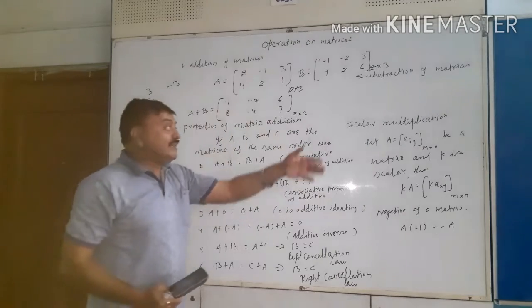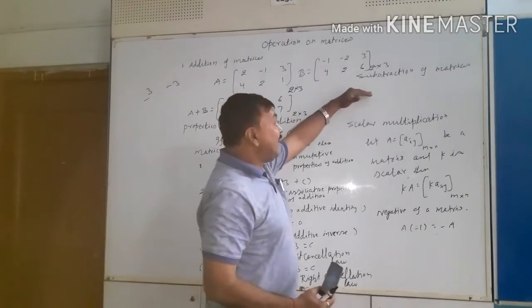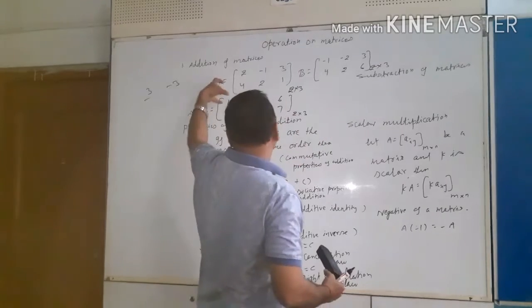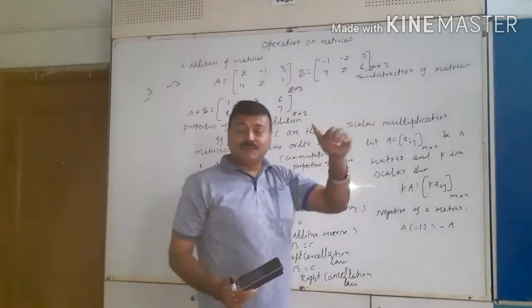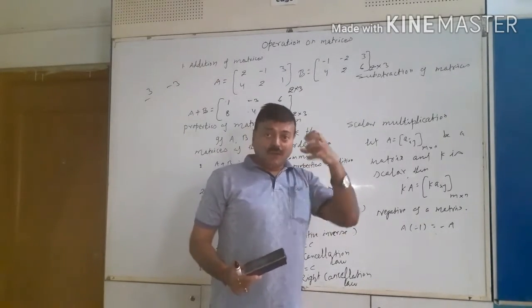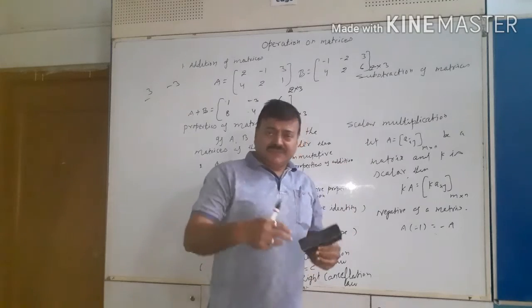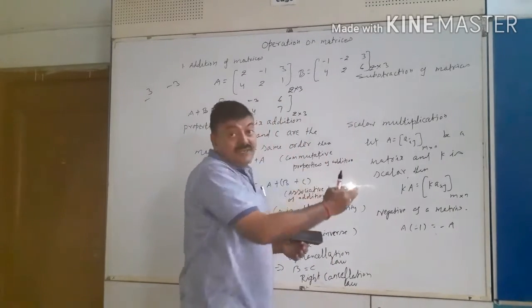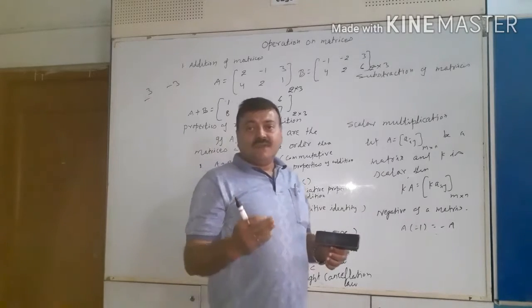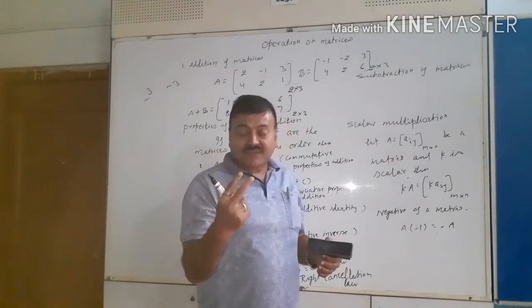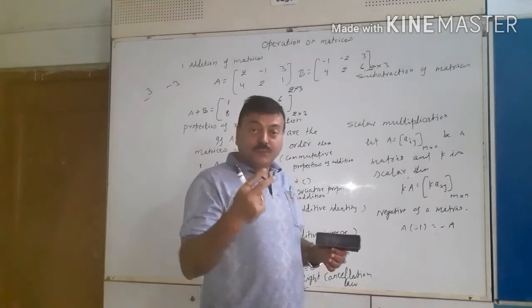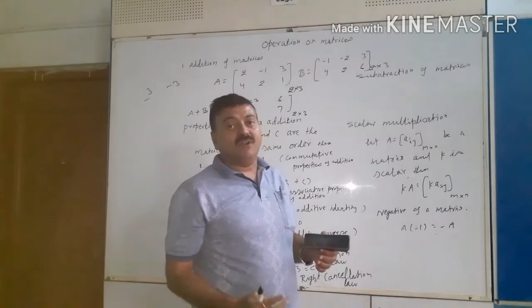Now the next topic is the subtraction of matrices. Same as addition of matrices, the fundamental operation is only addition. Subtraction is just the reverse process. Subtraction between two matrices is only possible when both are of the same order.